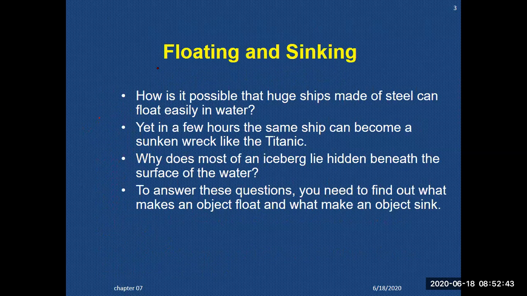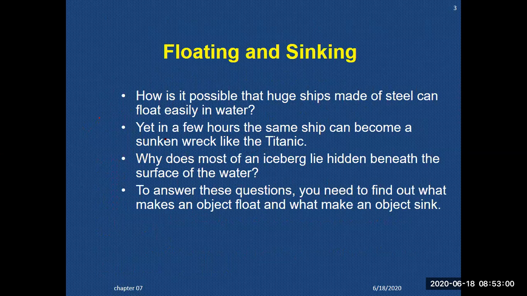So floating and sinking: how is it possible that a huge ship made of steel can float easily in water, yet in a few hours the same ship can become a sunken wreck like the Titanic?